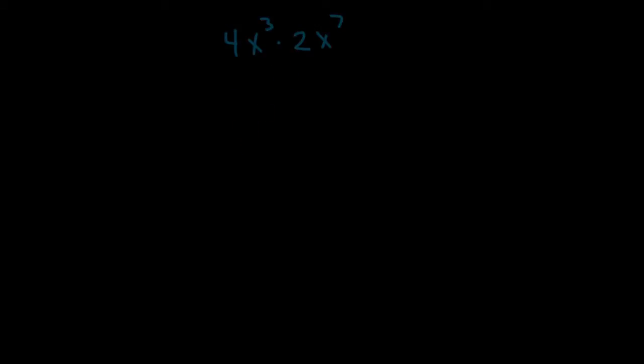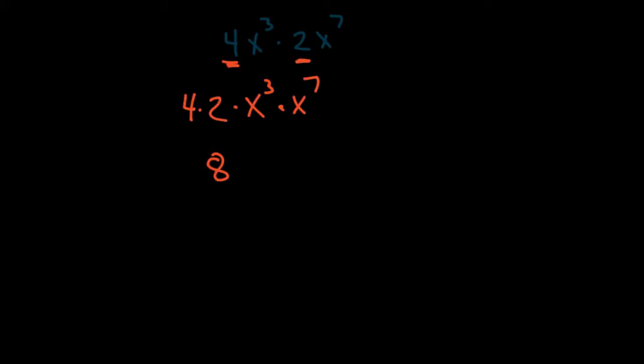Okay, so for this one, first of all, the 4 and the 2 are coefficients. If we change the order of the multiplying, this would be 4 times 2 times x to the 3rd times x to the 7th. So then we could more clearly see that this becomes 4 times 2 is 8, x to the 3rd, x to the 7th.